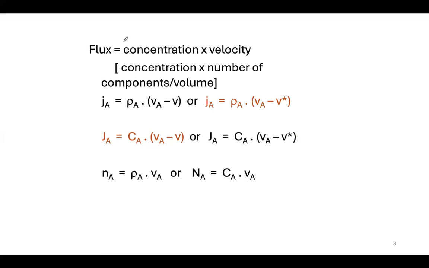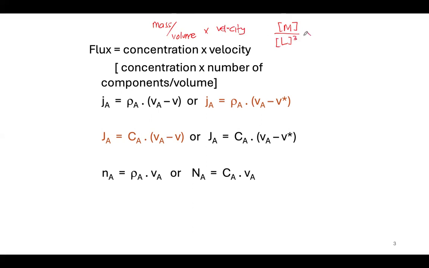Okay, so flux is basically the concentration multiplied by the velocity. So the concentration, let's say on a mass basis, would be mass per volume, right? And then multiply with the velocity. If you want to check the unit, the mass is in mass, and the volume would be in length to the power of 3.